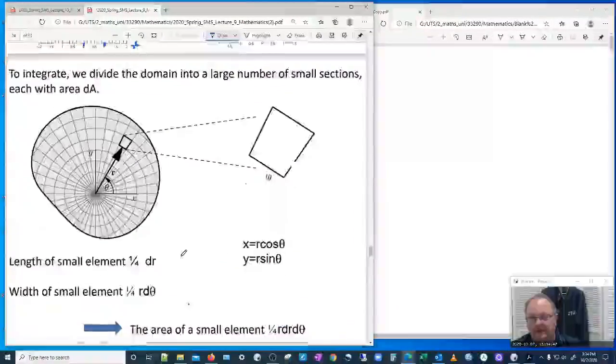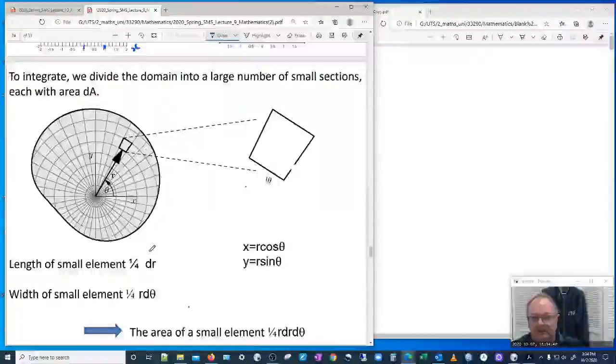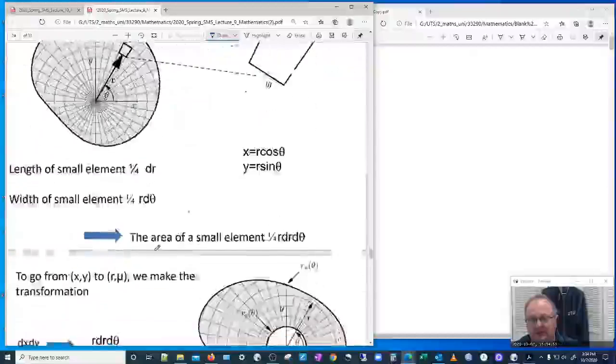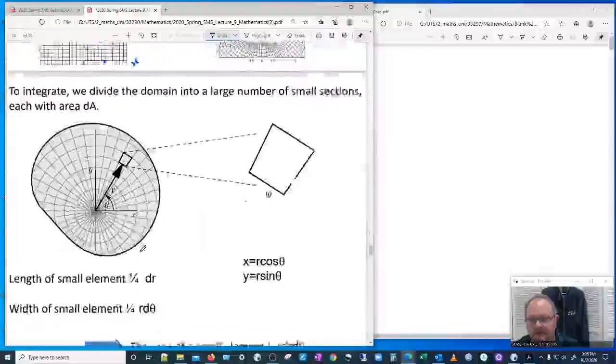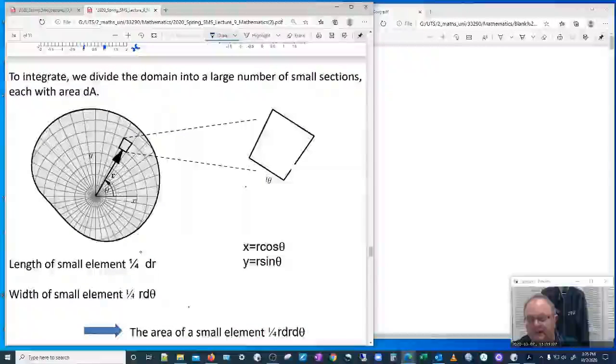Alright, so if we take a look at our polar subpart, and we're having a look at this rectangle that's been pulled out of the polar part, we might say it's this little square here. We want to have a look at the increments in the polar part. So there's our little square, and we've got an area dA.